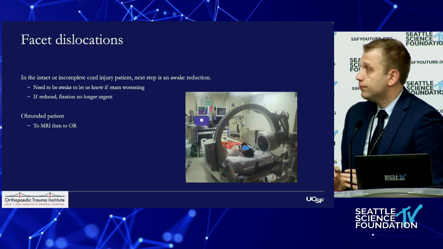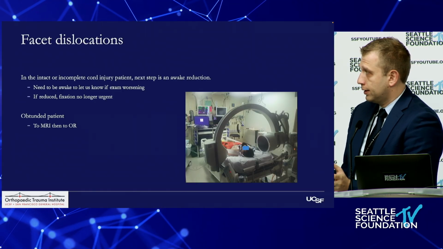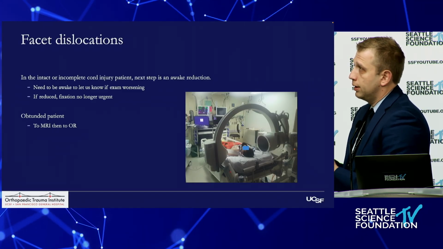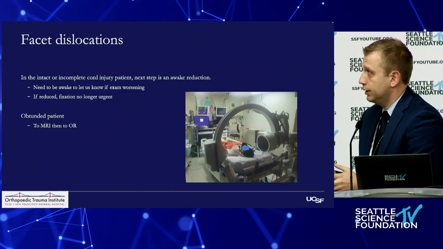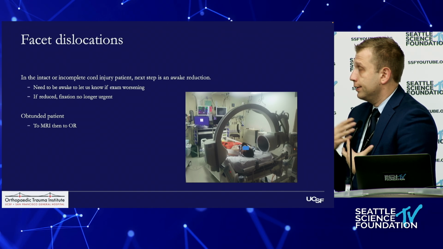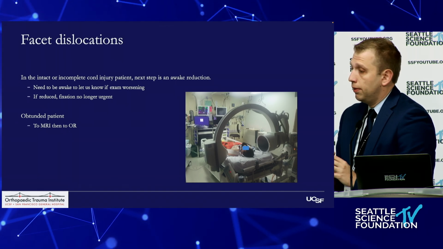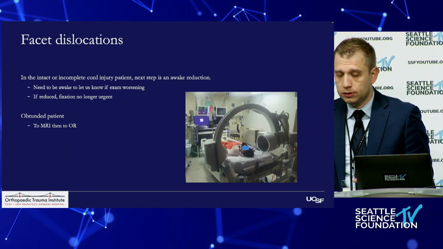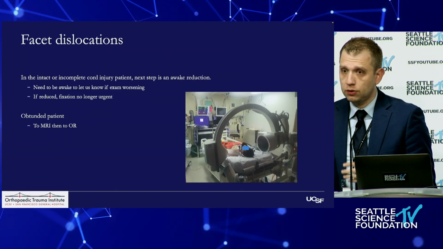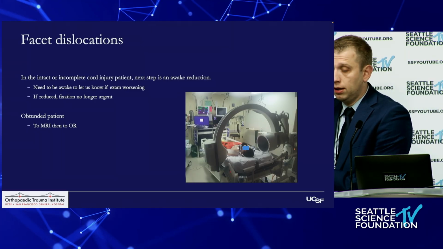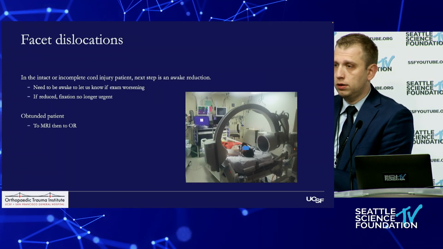And so this is kind of my setup when I do my closed reduction. So in a patient who's intact or incomplete, and in my hands is examinable, the next step is an awake reduction. The moment you reduce those facets, the cord is no longer compressed. Now you've taken an emergent case and turned it into a more urgent case.